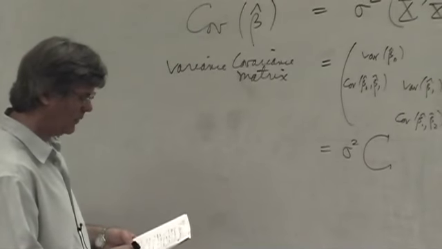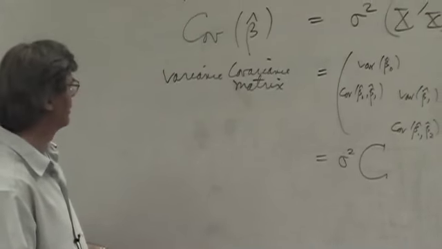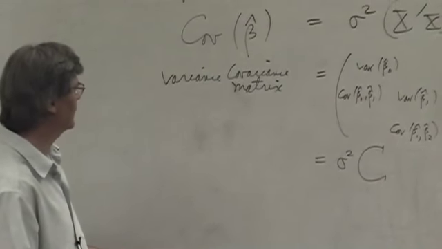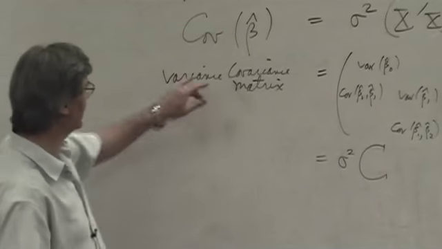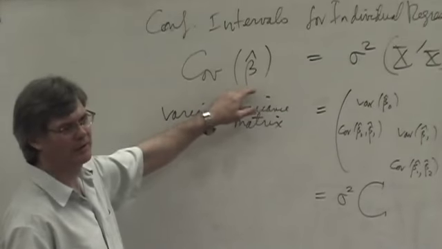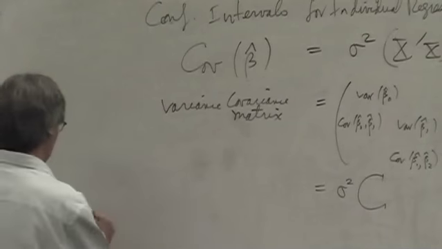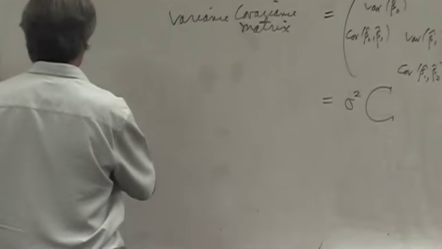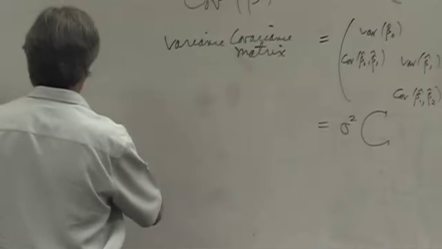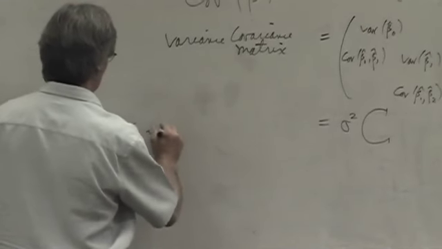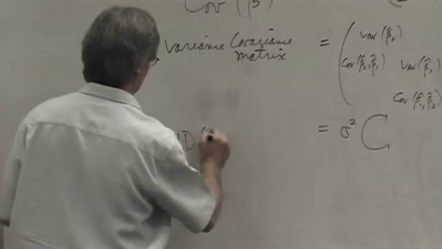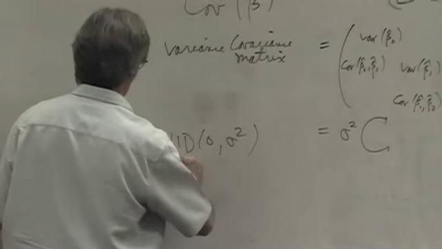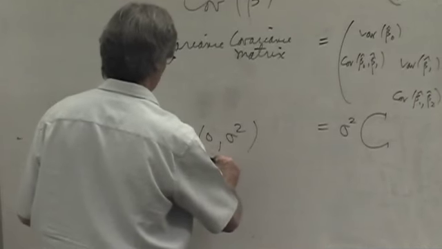Now, how would I actually calculate the covariance of... okay, what's the theory? The theory is that any linear combination of the elements is independent of sigma hat squared under the normality assumption. Assume epsilon i NID 0, sigma squared, the normality assumption, as before.